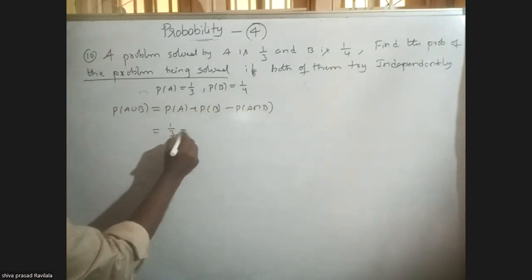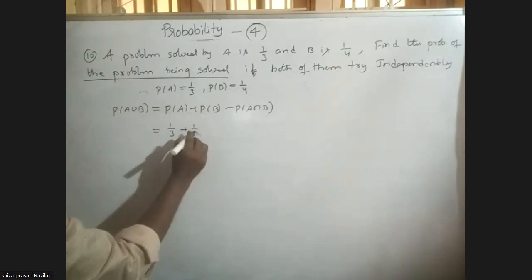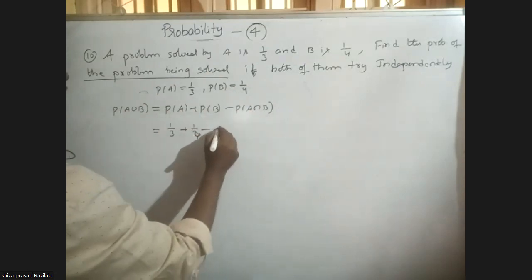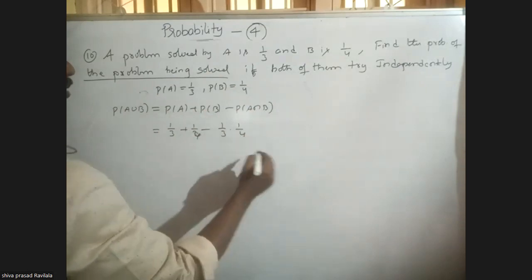A value 1 by 3 plus 1 by 4. And A intersection B: both are independent, so write down 1 by 3 into 1 by 4.